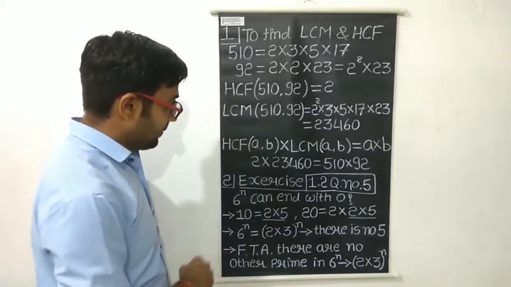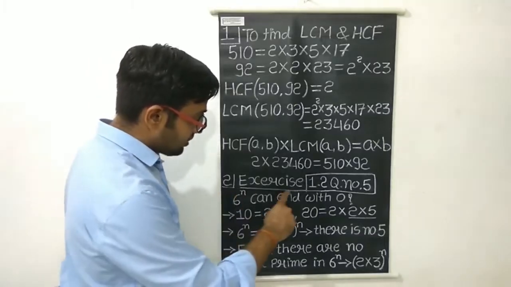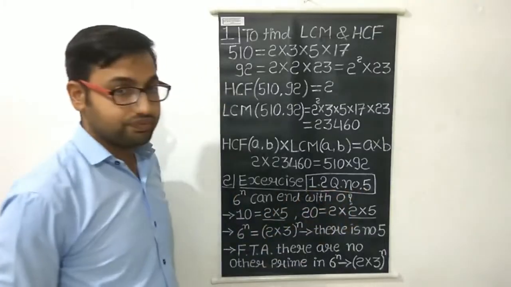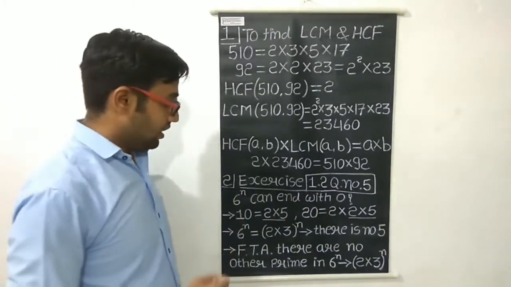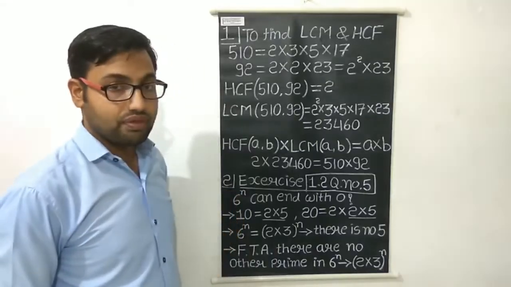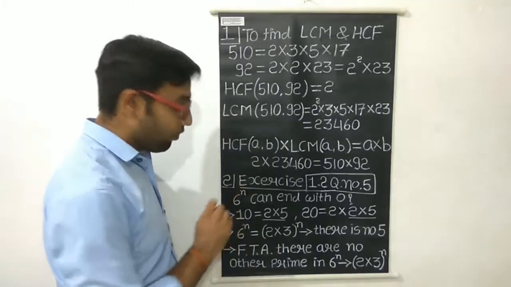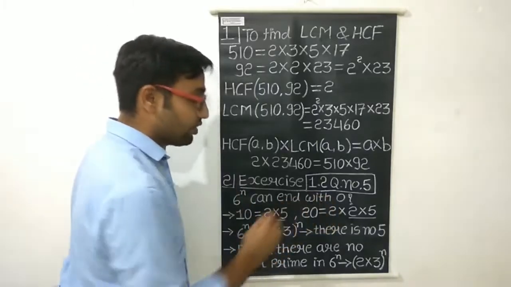Now, the second application. To understand the second application, let us take the sum of exercise 1.2, question number 5. And what is the question? The question is, if we apply 6 raised to the power n, then for any value of n, can we get a number which ends with 0?